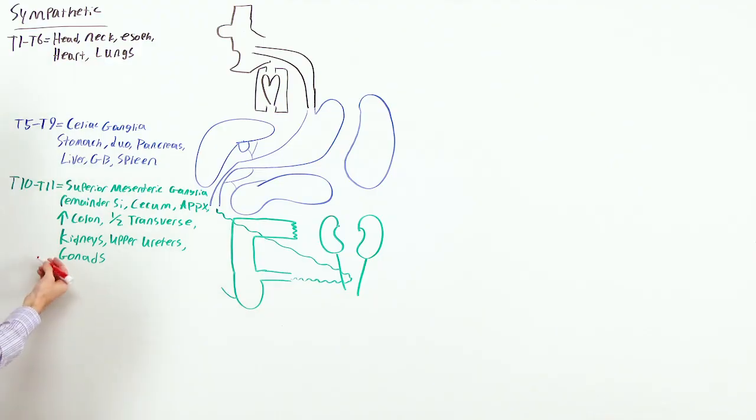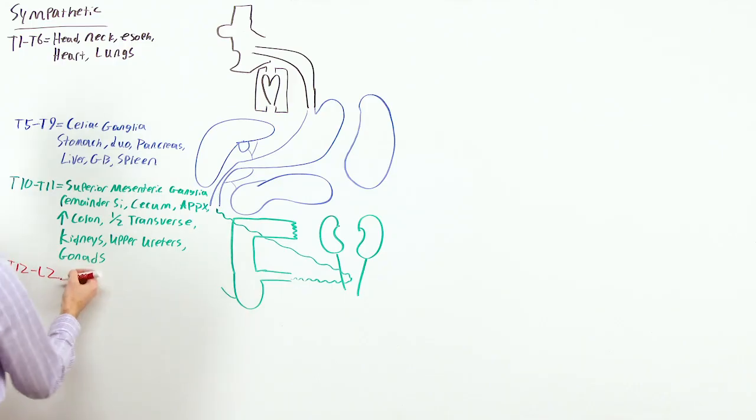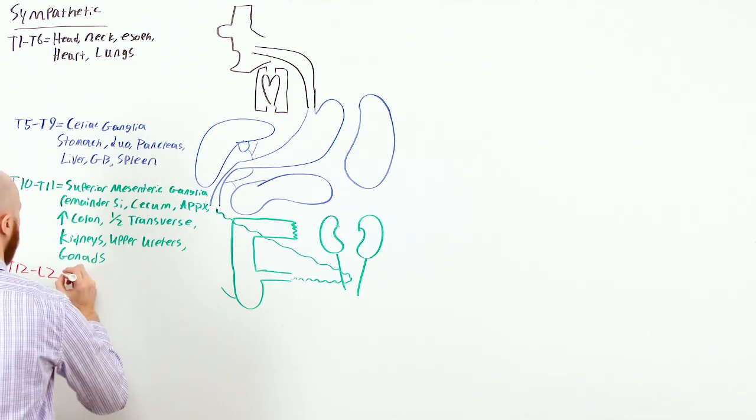So now the final level, T12 through L2. When you're thinking of a ganglia, think of the inferior mesenteric ganglia.